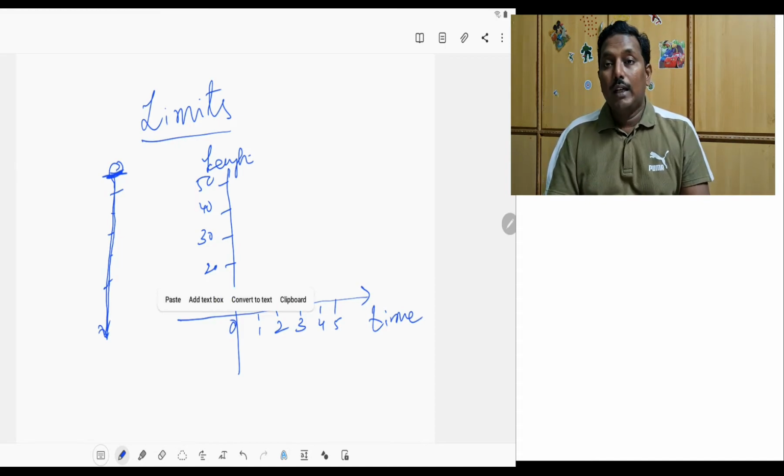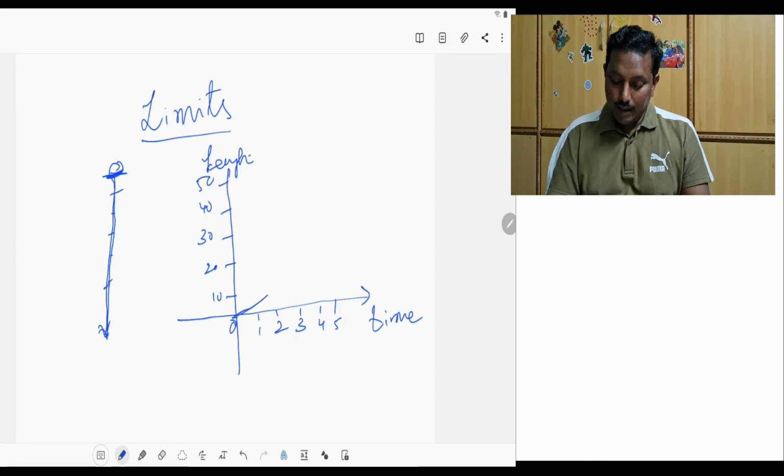So it would be at 0 distance at the beginning, and then as it falls down, it picks up velocity and the length covered will be much higher. It covers more length within a short span of time at the end of its journey.